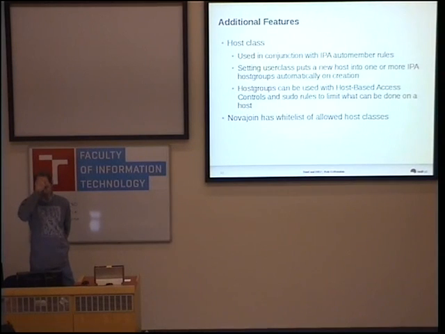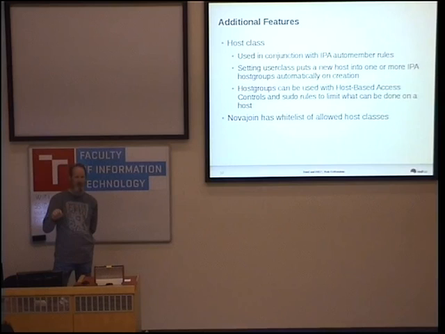This isn't something we're using right this second, but the idea is to use host classes to enable host-based access control, HBAC, because I can never say host-based access control. So IPA has this concept of auto membership rules. Basically, if you set a class when adding a host, these set of rules are regular expressions, and if your host class matches these regular expressions, then it gets added to a host group.